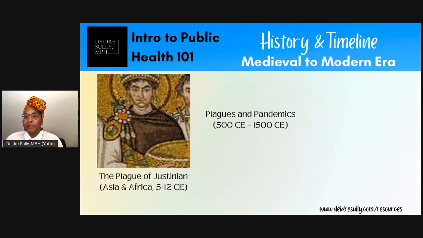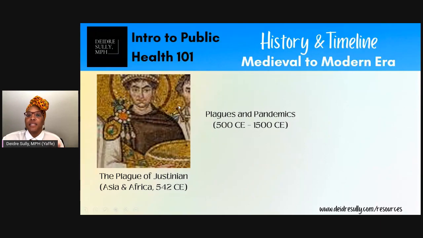So the Black Plague or bubonic plague or Black Death, as I said, became three pandemics at three different points in time. So the first one, the first plague pandemic, as it's called, was the plague of Justinian, right? And it was a 6th century Roman emperor who ruled Rome at the time between 527 to 565 CE.